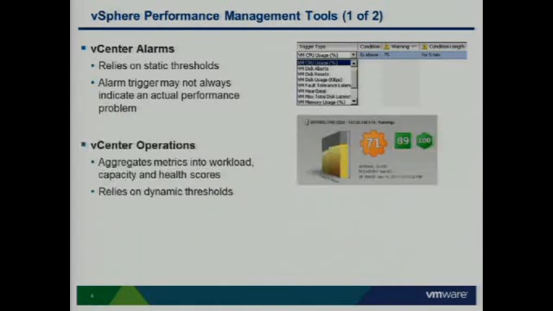And then we recently acquired a company. It's called Integrien, and we renamed the product vCenter Operations. Now, this is a product which uses dynamic thresholds based on analytics. So basically, it observes your performance counters from your entire data center.